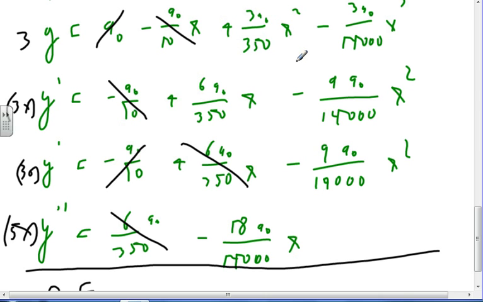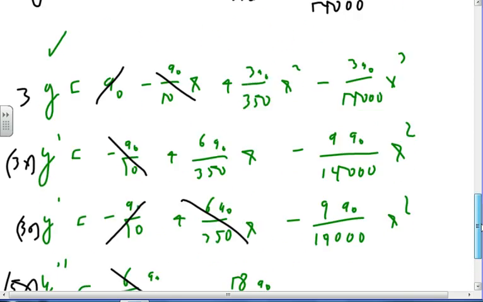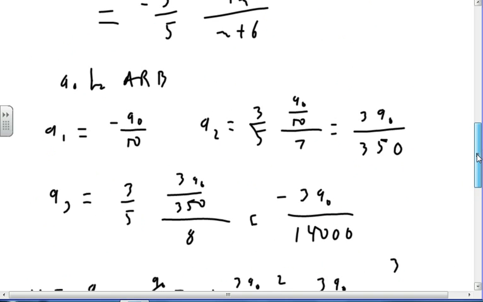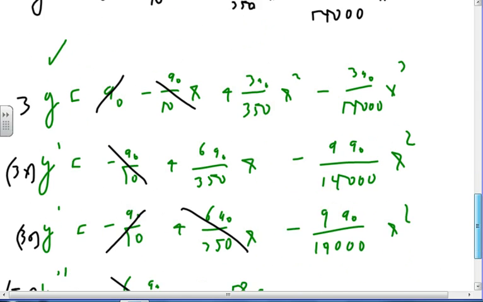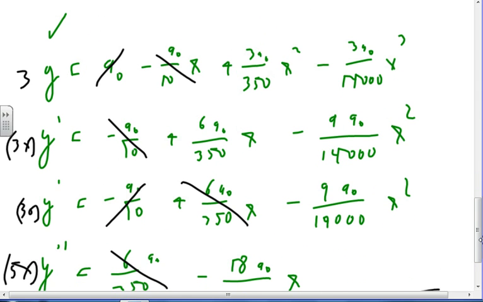And I've got minus 5 times 18 divided by 14,000. And I don't have 0. Bummer. So there's probably something wrong with this term. But we're not going to go back and check because that'd be too much work.